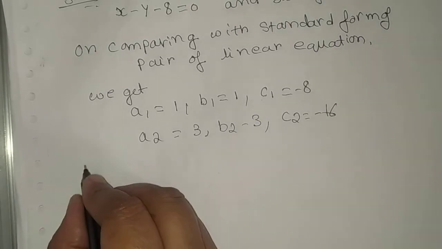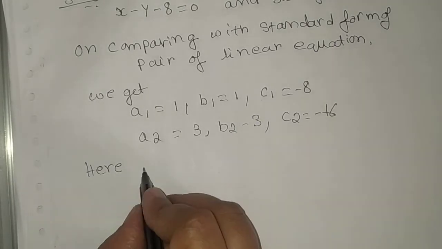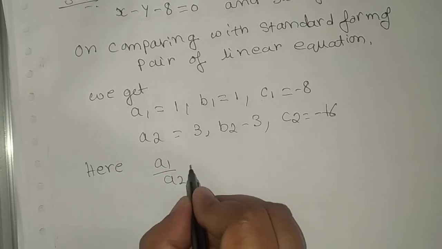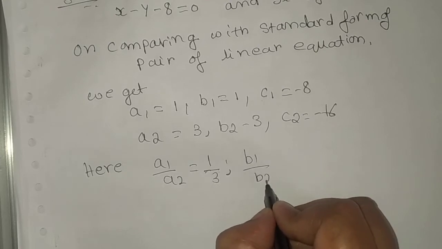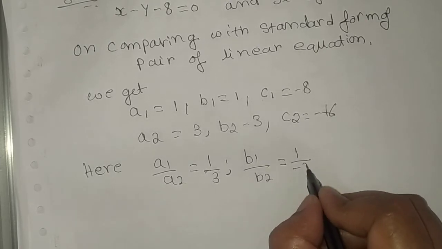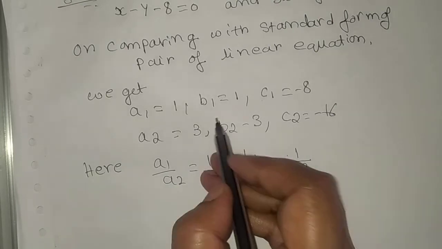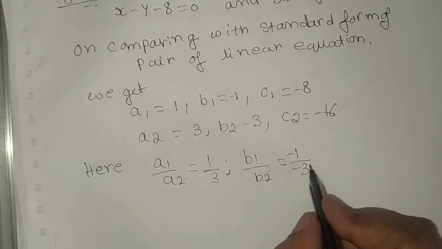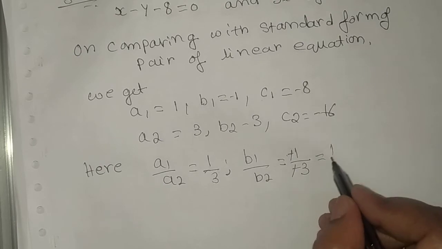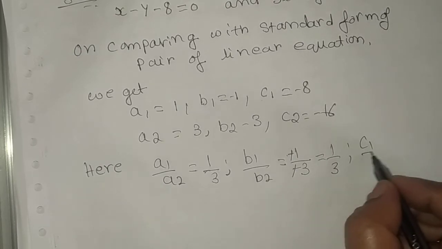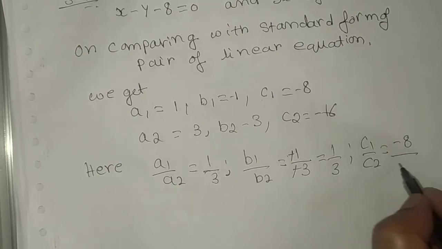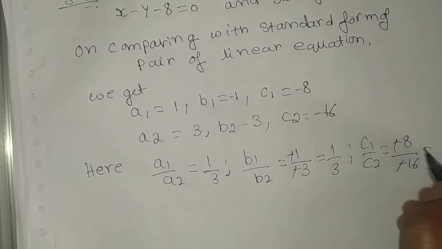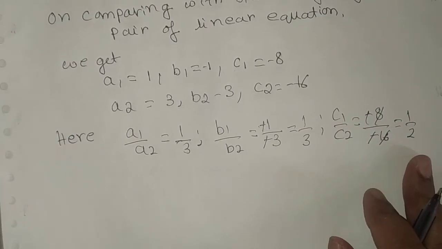Now the next step, same procedure: A1 by A2. What is A1 by A2? That is 1 by 3. Next, B1 by B2 is equal to 1 by minus 3, that is minus 1 by 3. Similarly C1 by C2 is equal to minus 8 by minus 16, that is 1 by 2.